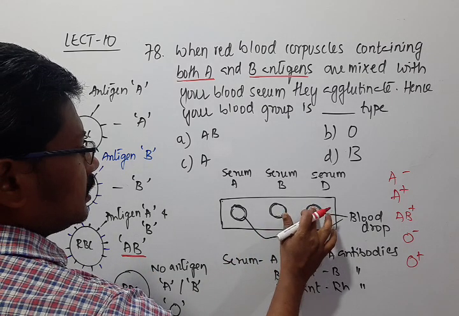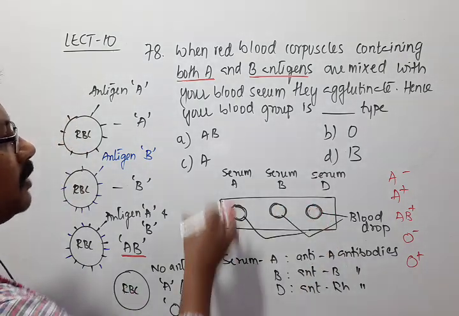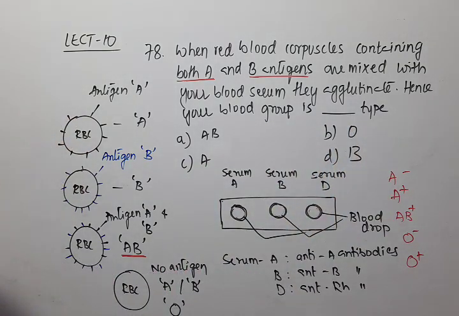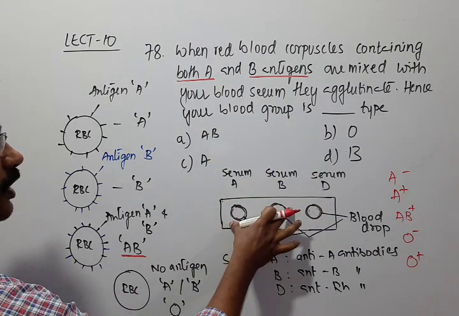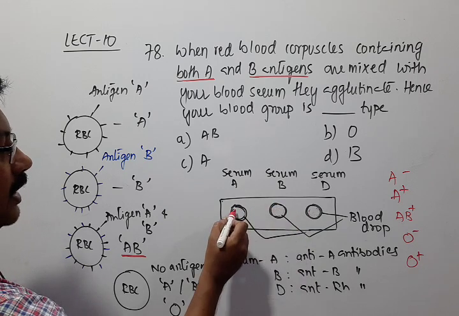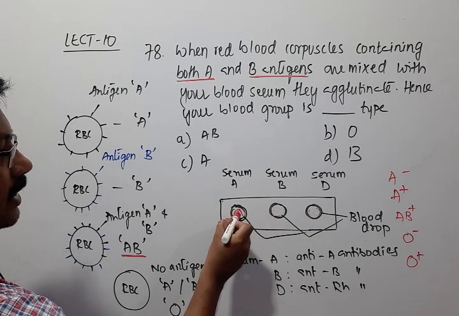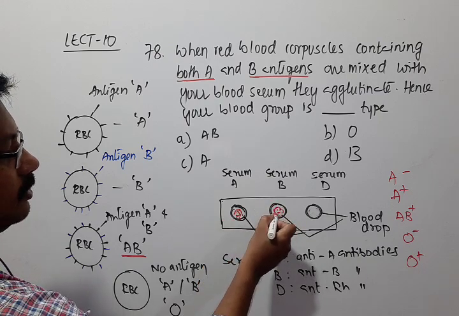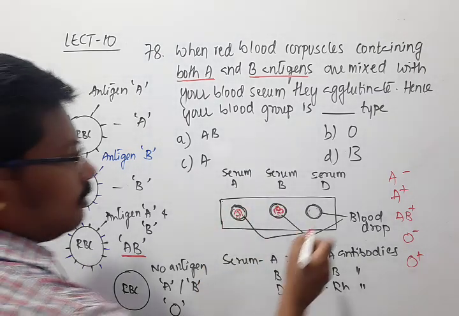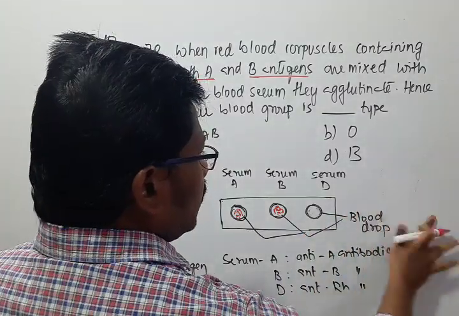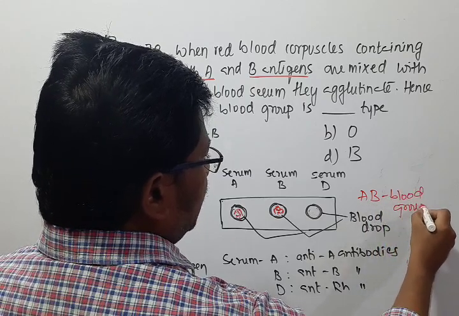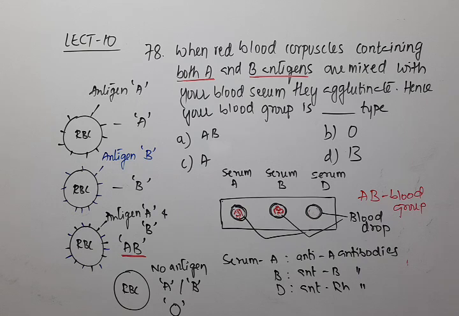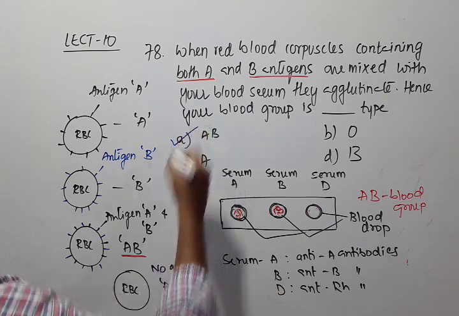As the question did not mention positive or negative, we will keep that aside and consider only these two. Hence the agglutination will take place in A and also in B. So this is what we call the AB blood group. This indicates the person has AB blood group. So the answer is AB.